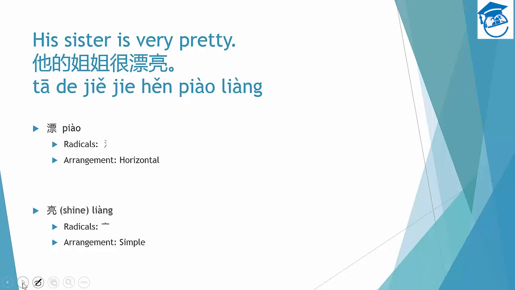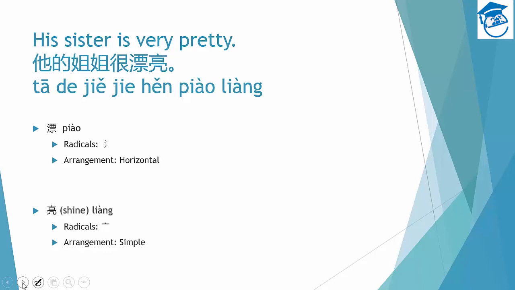So you have already known how to say very. It is 很. And of course you can see whenever we want to describe an object, we don't put the verb to be in between. So instead of 她的姐姐是很漂亮, you just say 她的姐姐很漂亮.